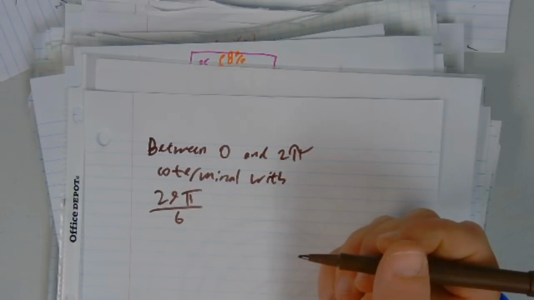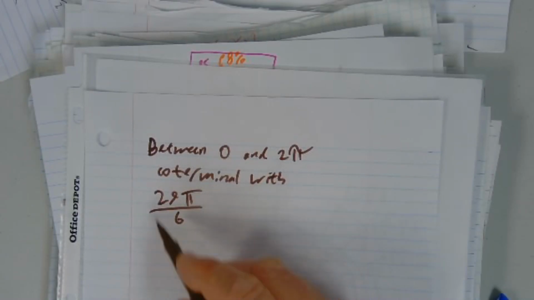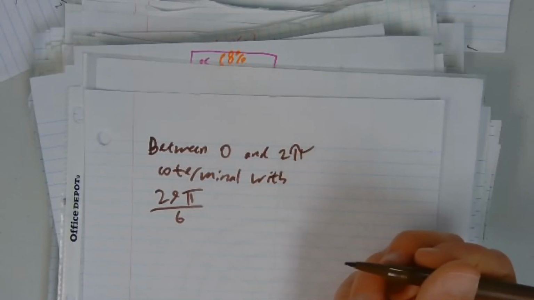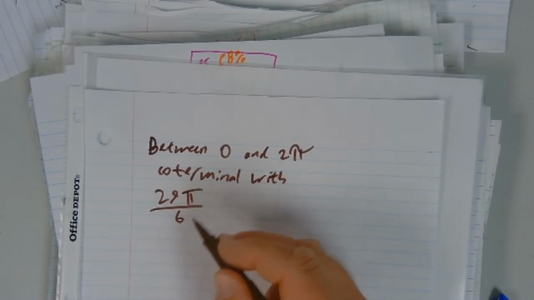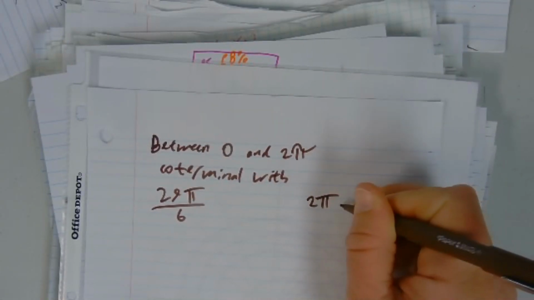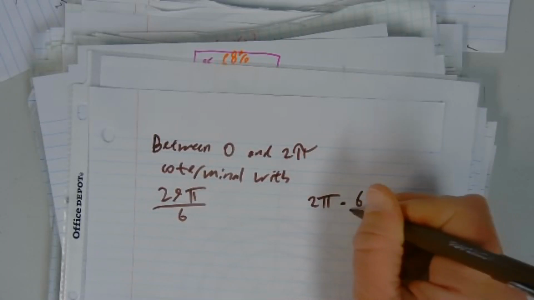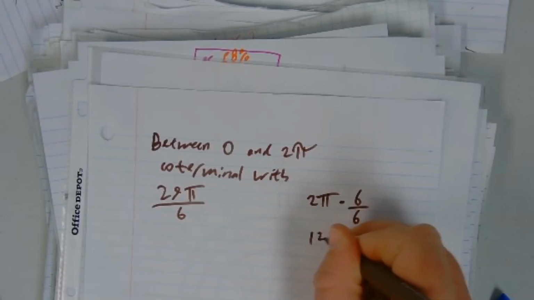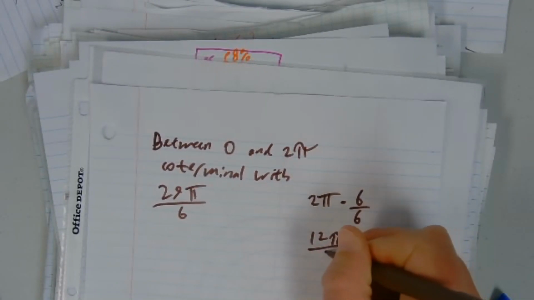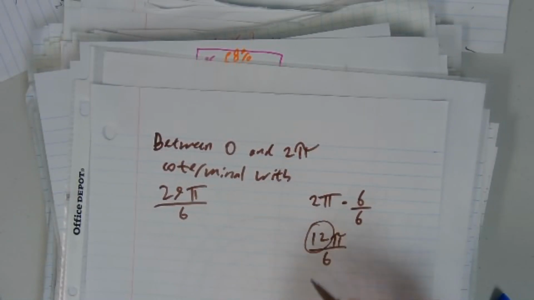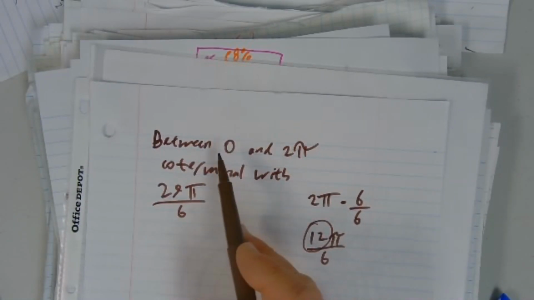Someone looped around and looped around until they got to 29 pi over 6. So the first thing I have to figure out is whether this is already between 0 and 2 pi. If I want to get 2 pi on a common denominator with this, 2 pi times 6 over 6, because that'd just be 1, I'd get 12 pi over 6. So any number bigger than 12 is too big, and any number that's negative is too small.